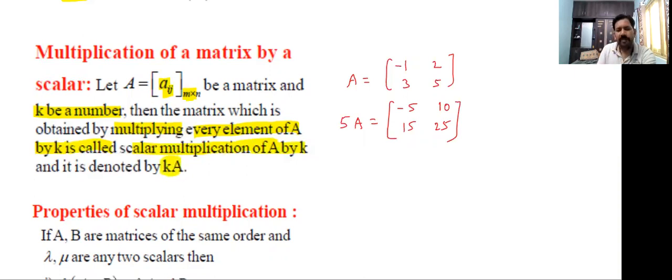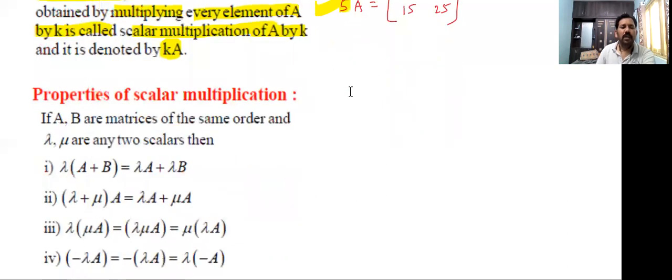Instead of K, I have taken 5. So A is the matrix, and I am going to multiply with 5. Then the elements change or not? Each element is multiplied with 5. Okay, that is multiplication of a matrix by a scalar.